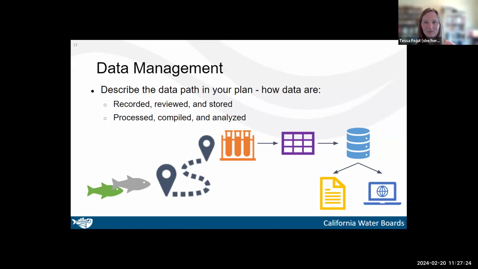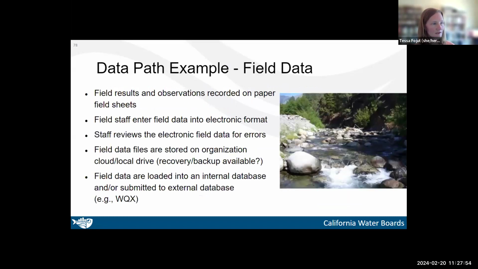Then they get into a spreadsheet or something for you to look at the results. Maybe that goes into a database, or you just store it in your own organization. Maybe you get that posted online or in a written report. So just think that whole path through, from collecting things out in the field and recording things about it, all the way through to the end in some sort of report or analysis.